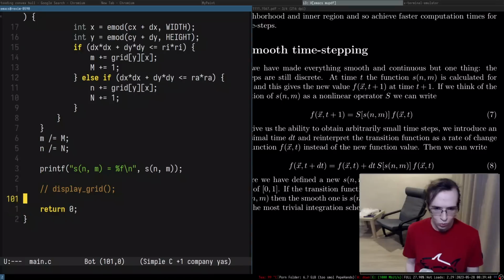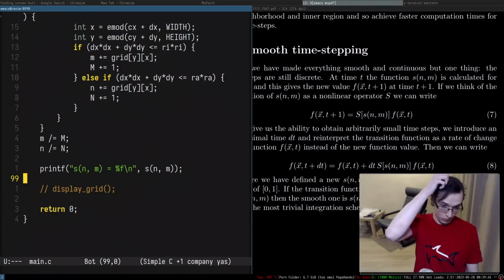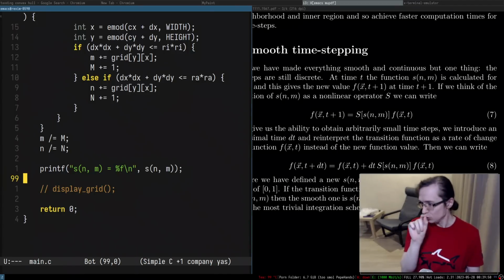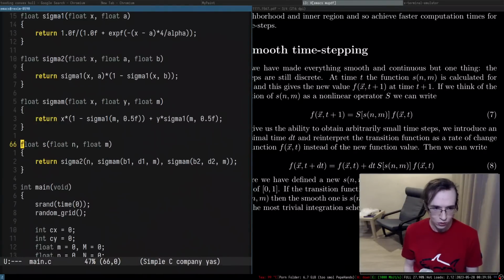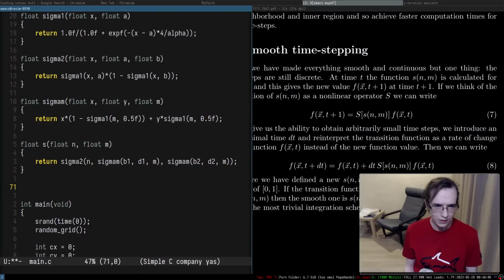Okay, so one of the things we can do: we want to compute this stuff for each individual point of the grid. So that means we need to generalize this entire thing. How are we going to be computing this? Let me see.